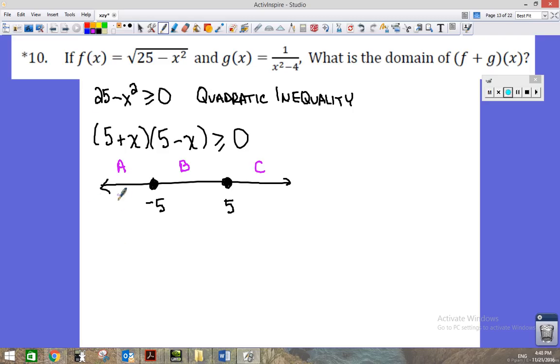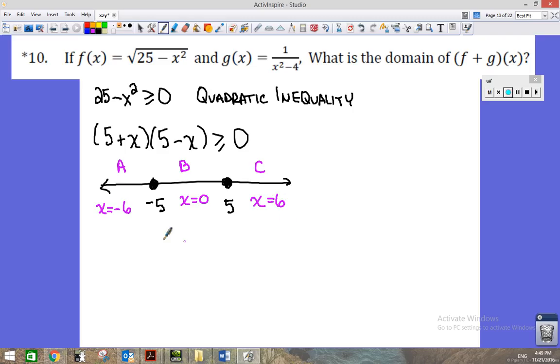So I'm going to pick a test point, and I'm just going to pick negative 6. It's smaller than negative 5, and it's going to be easy for me to do arithmetic on. The easiest number that's between negative 5 and positive 5 for me to do arithmetic on is 0. And for region C, a number that's greater than 5 that would be easy to do arithmetic on would be a positive 6.